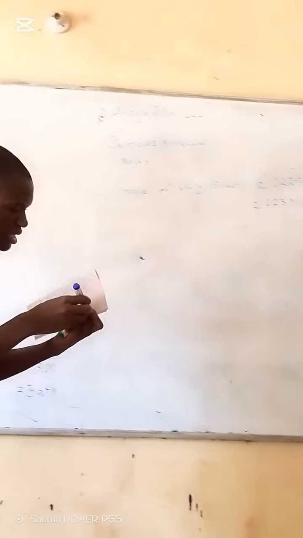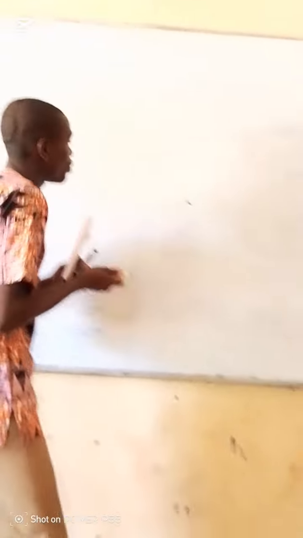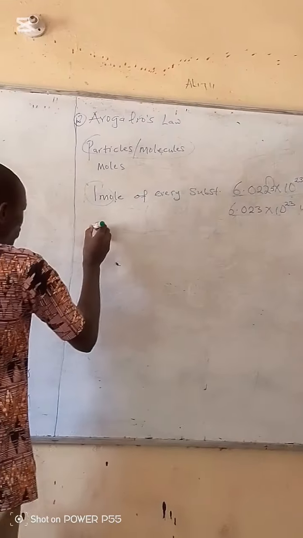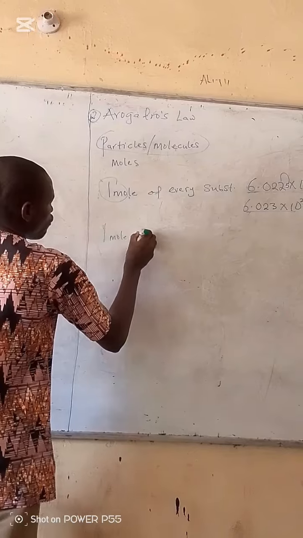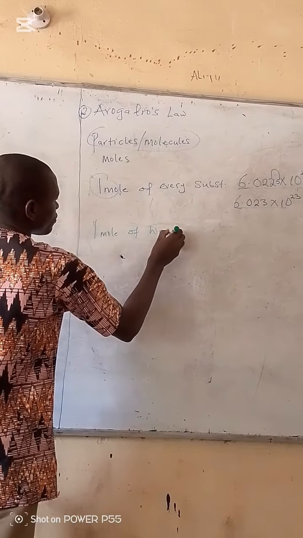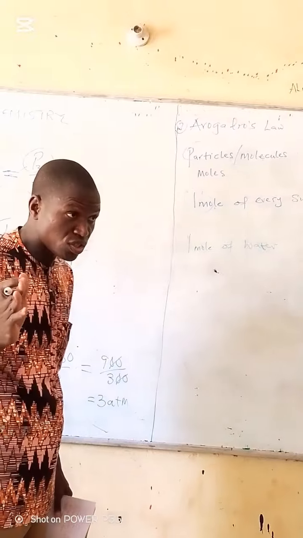So let's quickly answer the question. The question says, how many molecules of water are in 0.5 mole of water? Now, we know that 1 mole of water has how many molecules?